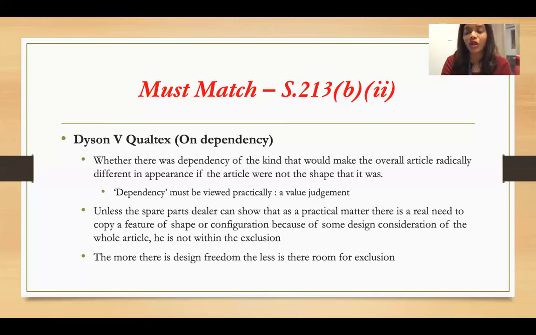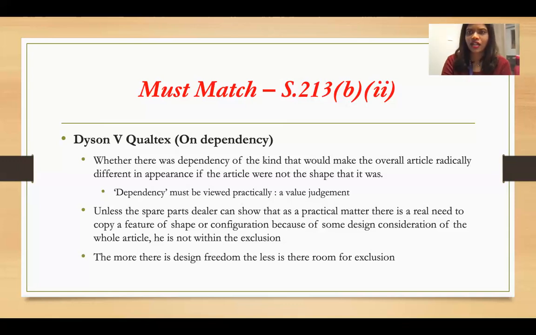So when we talk about must match, the courts will look at whether this item is dependent on the other item or not. If the item is dependent, then for sure the saleability will reduce. And because the saleability will reduce, the next thing the courts ask themselves is whether the shape and the configuration of the car is changed when you don't have this item.